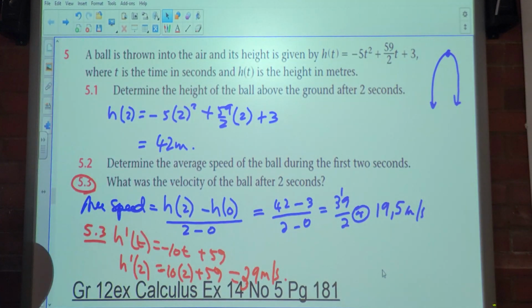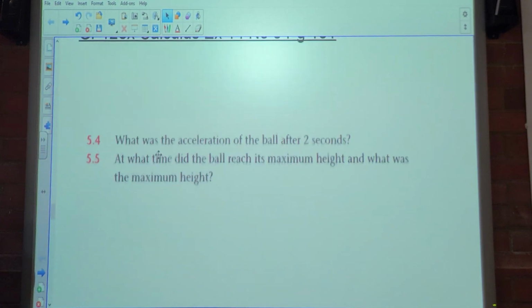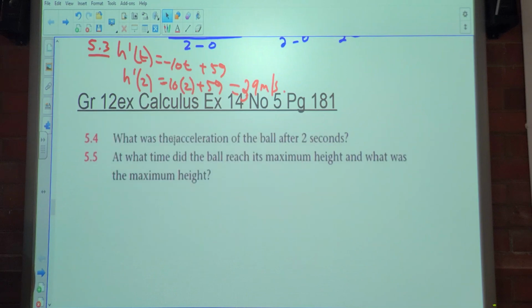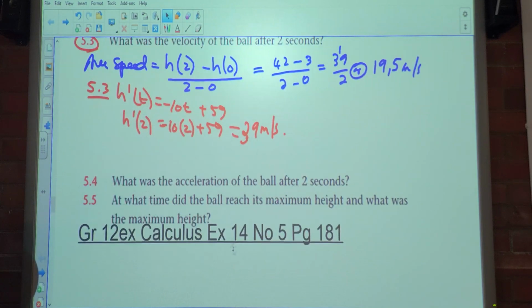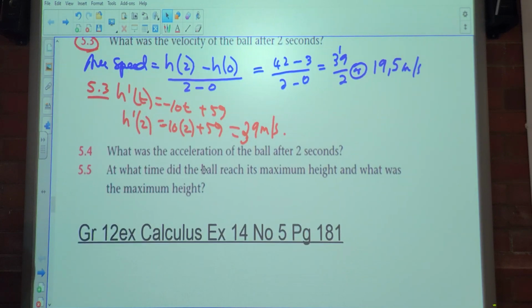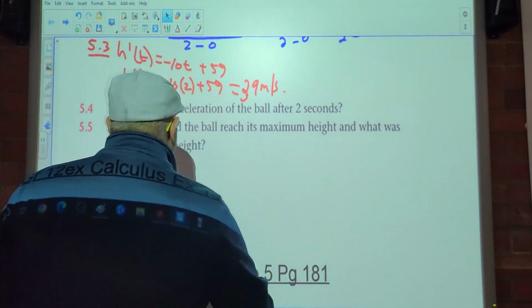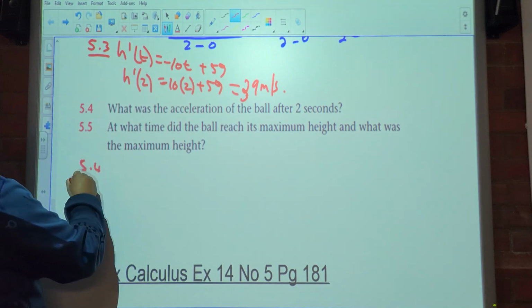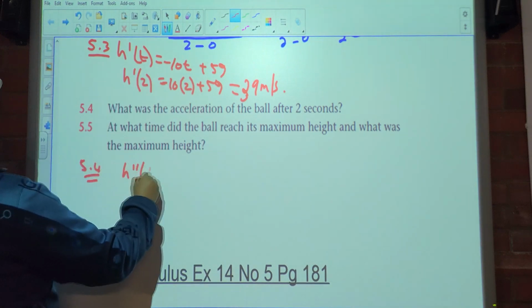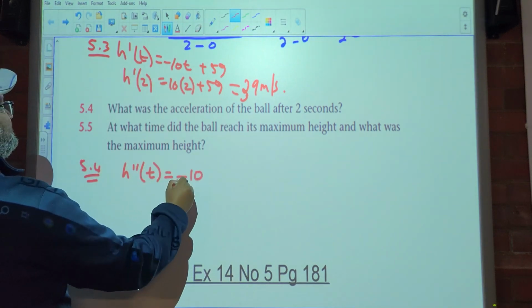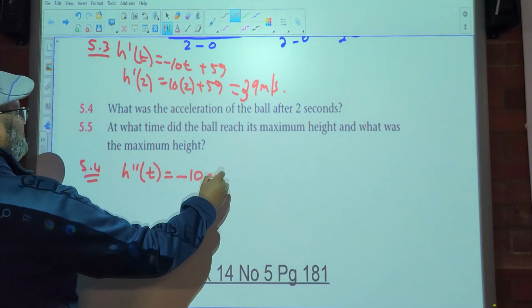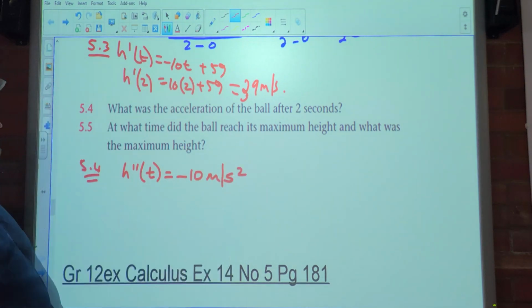The next question asks what is the acceleration of the ball after 2 seconds. So what did we say? What is acceleration? Second derivative. So we're going to work out the second derivative: h double dash of t equals negative 10 meters per second squared.